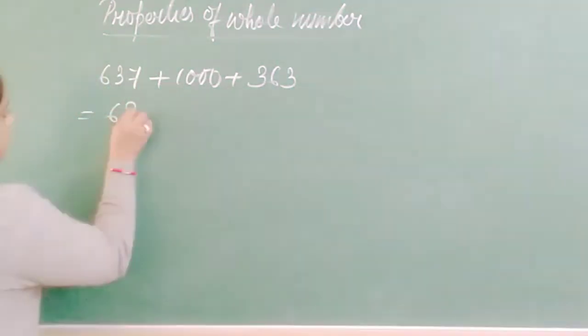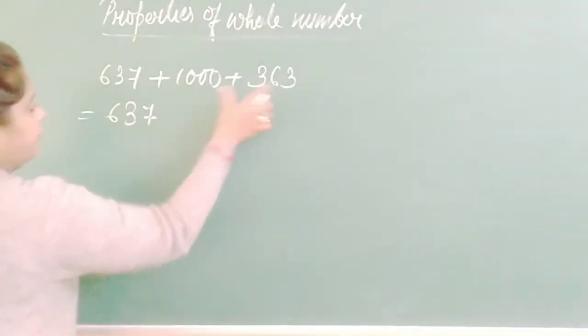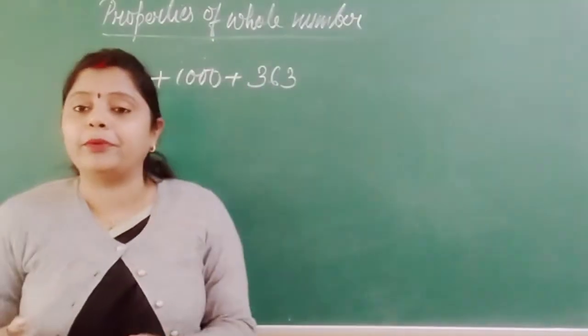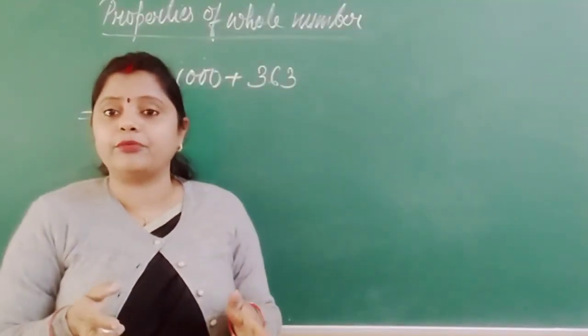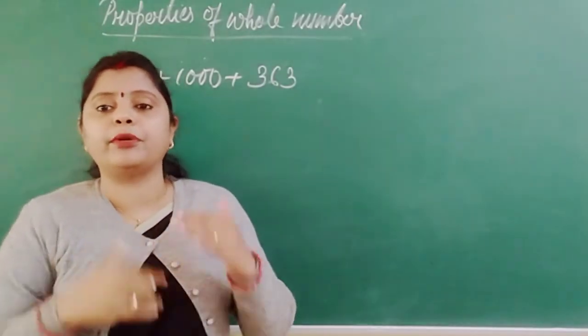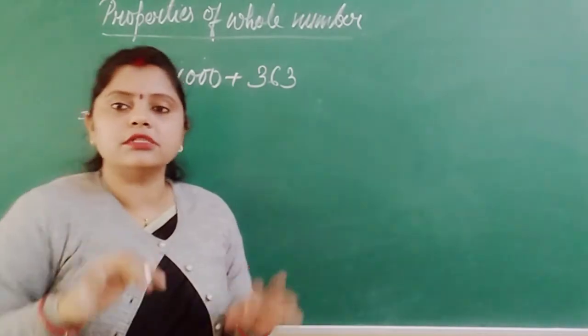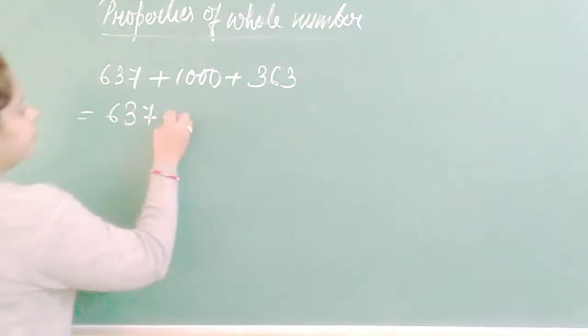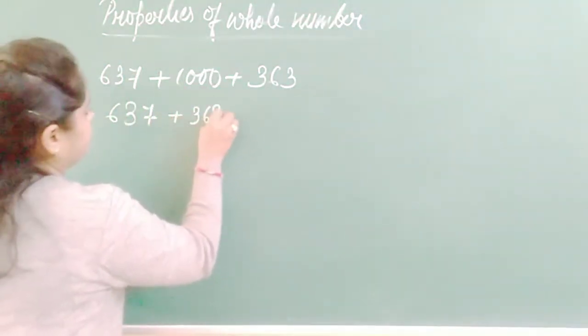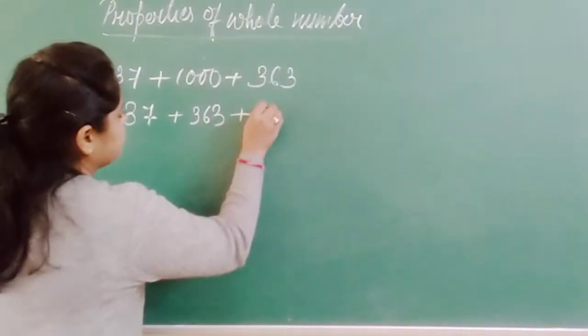So what we will do, 637, and we know the commutative property, which we did before the associative property: we can arrange the numbers in any order and we will get the same answer. So we are bringing 363 here and then 1000 to this side.